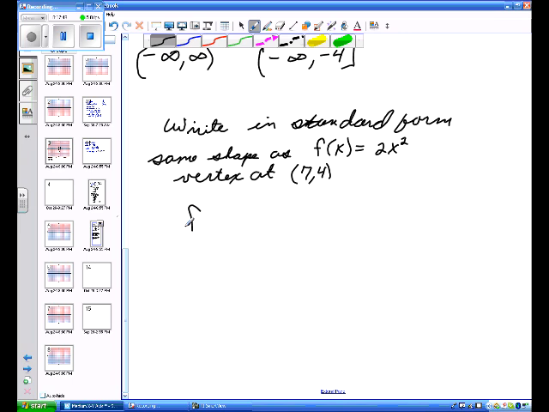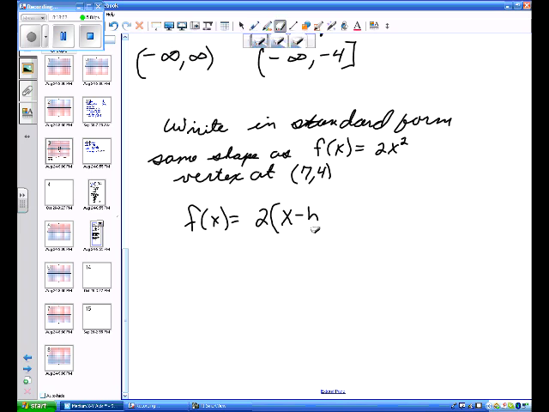So it's going to be f of x is equal to 2 times x minus 7 squared plus 4. So that would be the same equation. It would be the equation in standard form that had the same shape as this graph, but it had a different vertex. And we could go through and actually just check that.